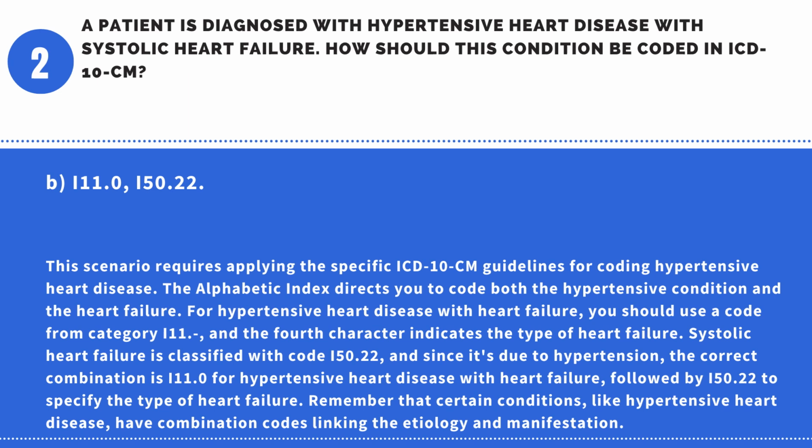Systolic heart failure is classified with code I50.22, and since it's due to hypertension, the correct combination is I11.0 for hypertensive heart disease with heart failure, followed by I50.22 to specify the type of heart failure. Remember that certain conditions, like hypertensive heart disease, have combination codes linking the etiology and manifestation.